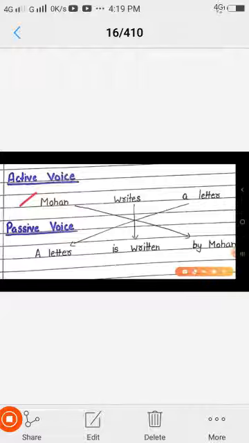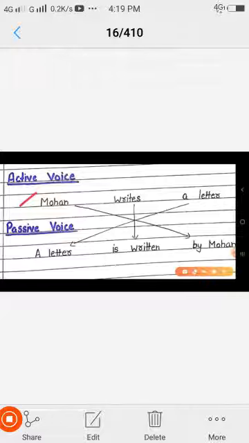A letter is. And when we convert active to passive, the main verb will be written in the third form. So written is the third form of the main verb write.